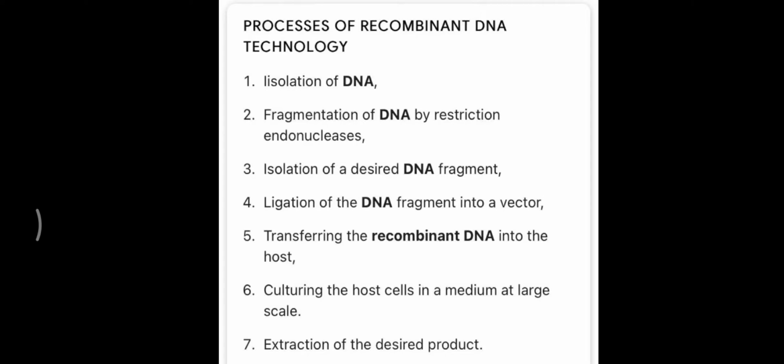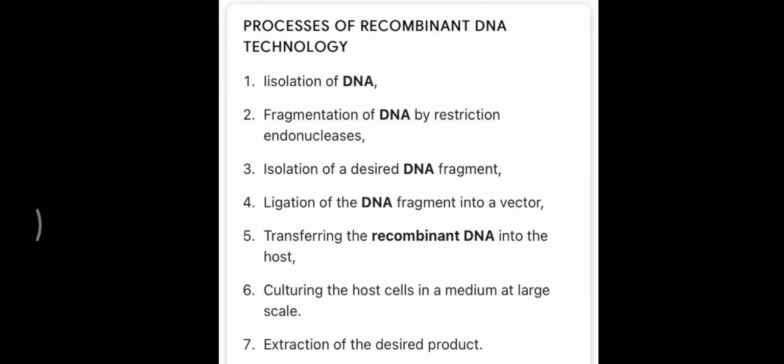The complete process of recombinant DNA technology is done in 7 steps. All these 7 steps are in front of you. That is isolation of DNA. Then after isolation of DNA, the DNA fragments are created by using the molecular scissor or restriction endonuclease.